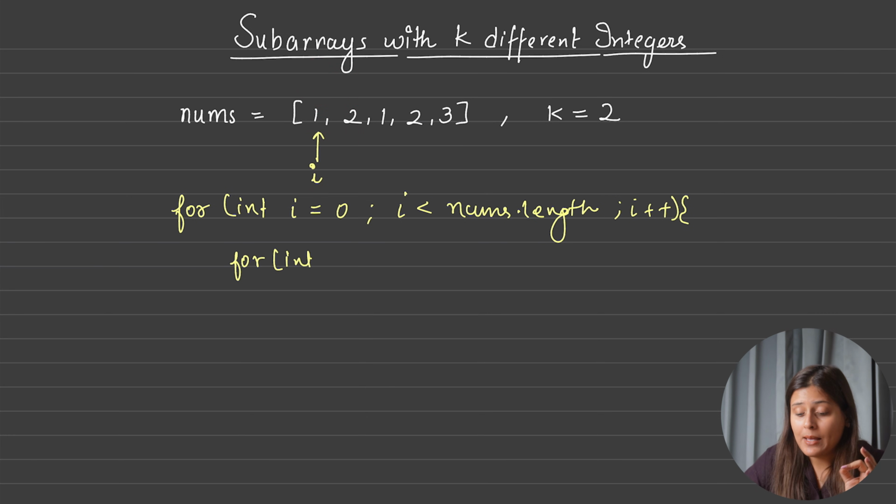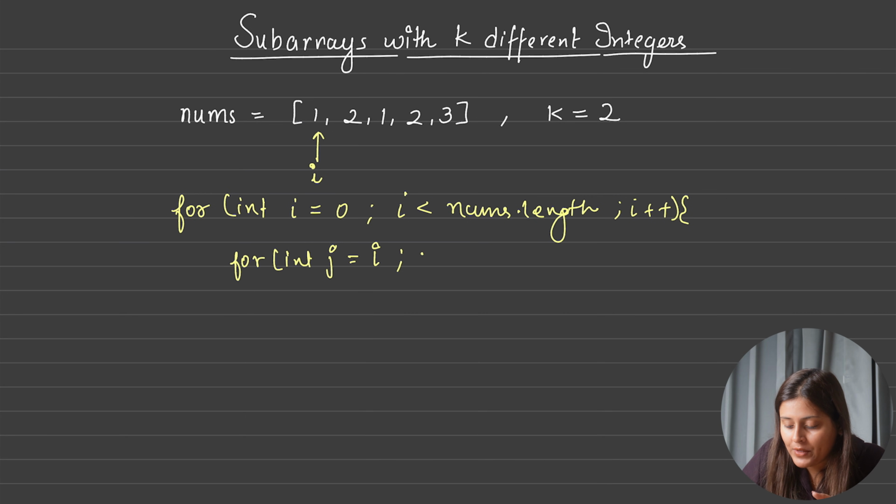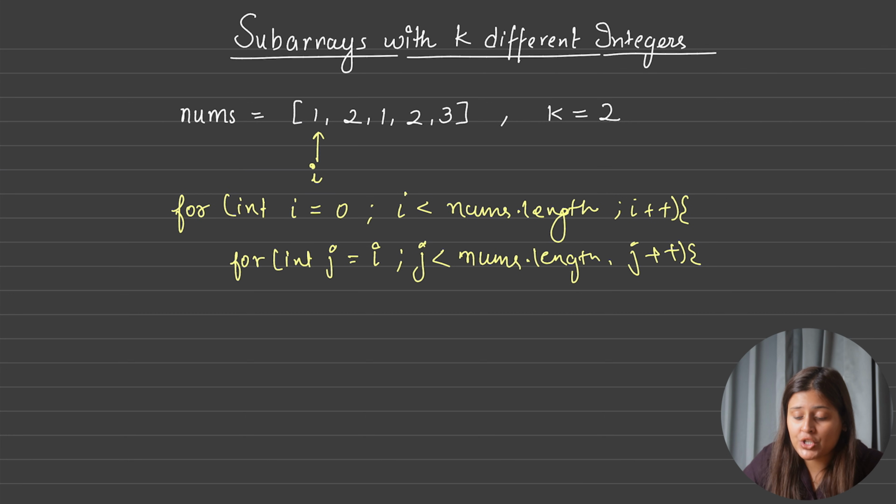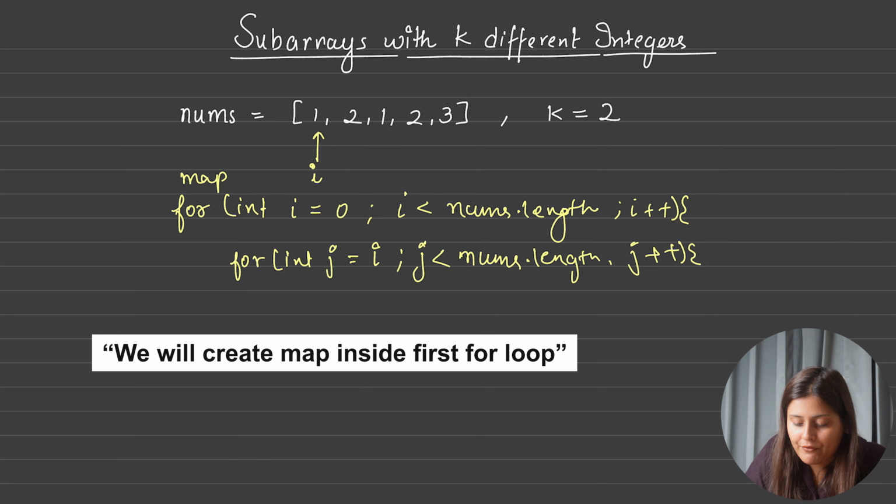So my j loop also starts from the same index where i is pointing, and j can go till nums.length and stop in between if the condition fails, which we will see. Now what do I want to do with the j index element? Of course I want to keep it in a map, correct? So for that I have to create a map. Let's say I have created the map somewhere here.